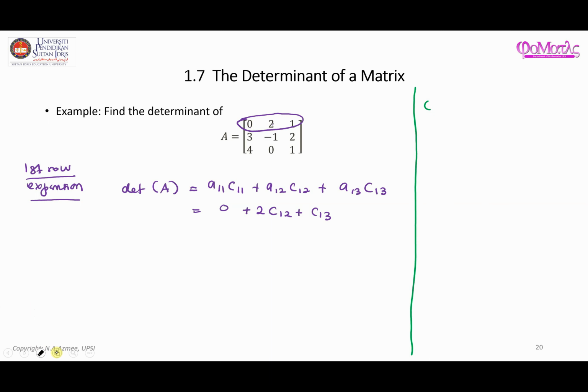Okay, in order to find C12, you need to start off with finding M12. So here 1 and 2, therefore you need to consider deleting the first row and second column.